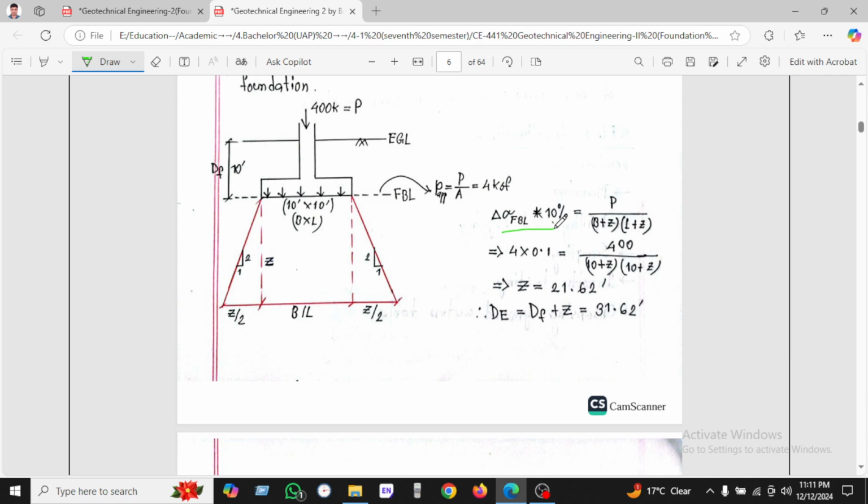So this is the 10% of allowable stress, which is force divided by B plus Z into L plus Z, and allowable bearing capacity is 10% and found 21.62. So if we add this portion from footing base level to existing ground level, the depth is 10, then it will be 31.62.